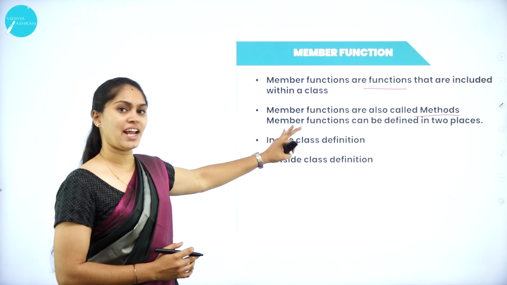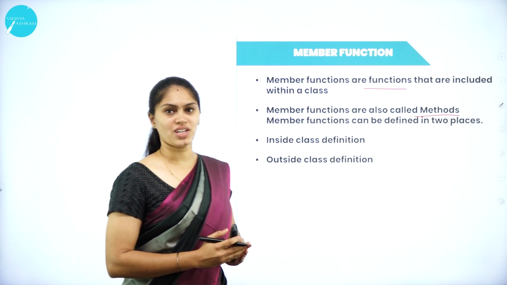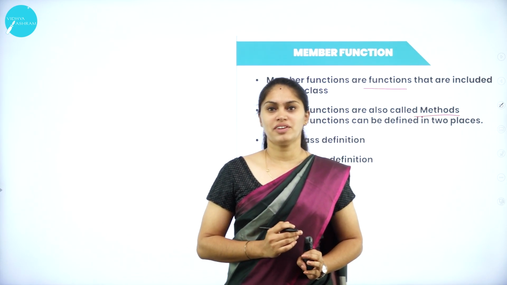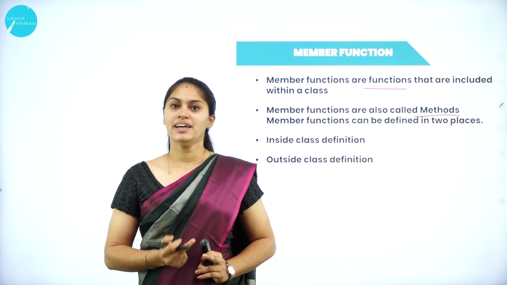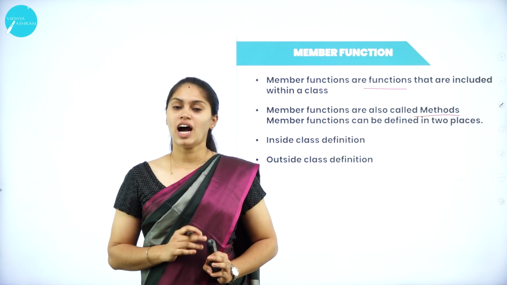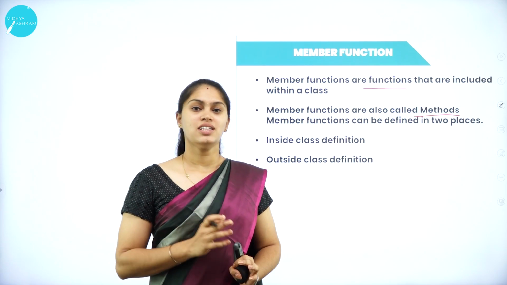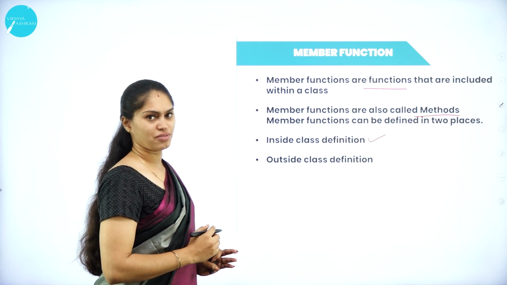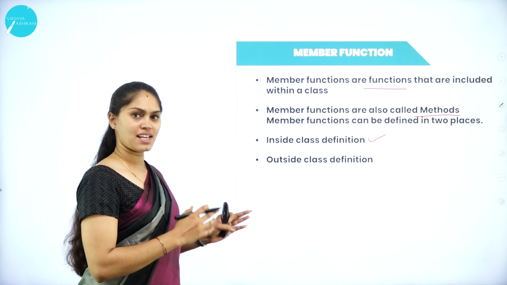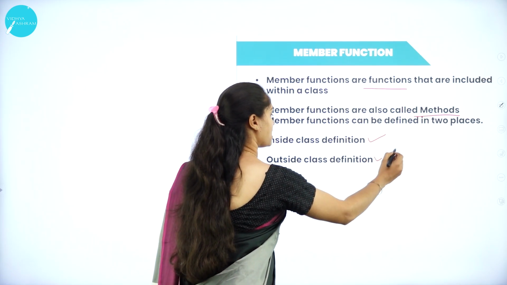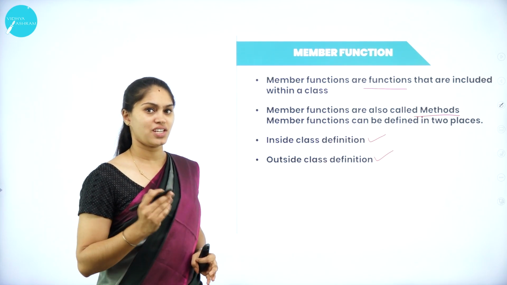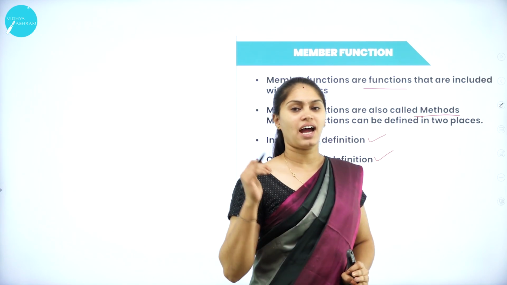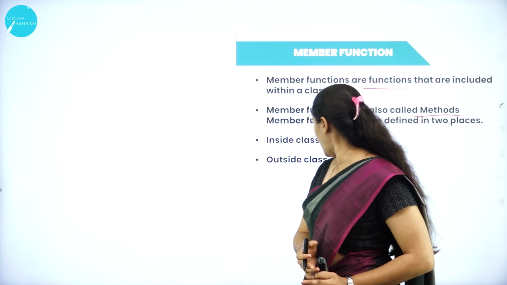Okay. So where can I define these member functions? There are two places where I can define the member function of a class, whether it can be inside the class definition or outside the class definition. What does this class definition comprise of? Already we learned it, right? So already we had a discussion regarding this class definition.